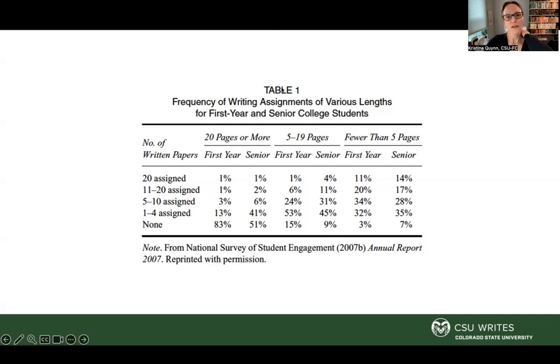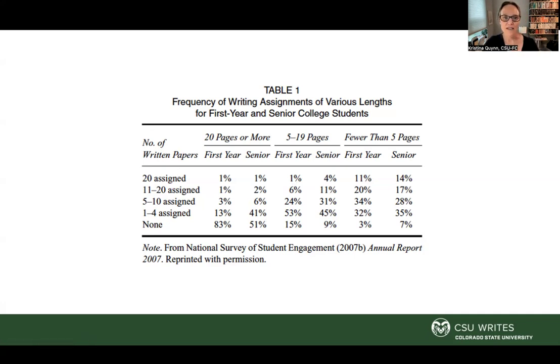So you have the first year versus senior. We no longer use the term senior, I think, but I'm not sure. So that 20 pages or more, 15 to 19 pages or 5 to 19 pages, all right, and then fewer than 5 pages. And what are the percentages of how many of those are assigned?